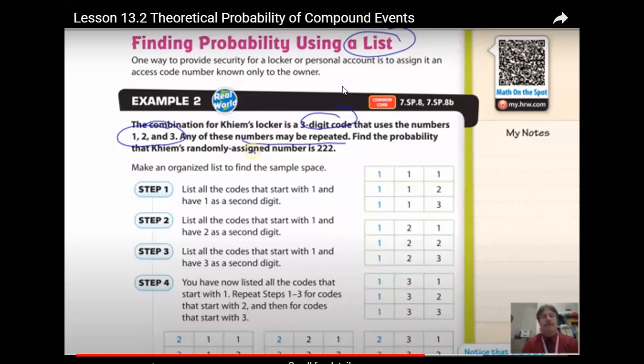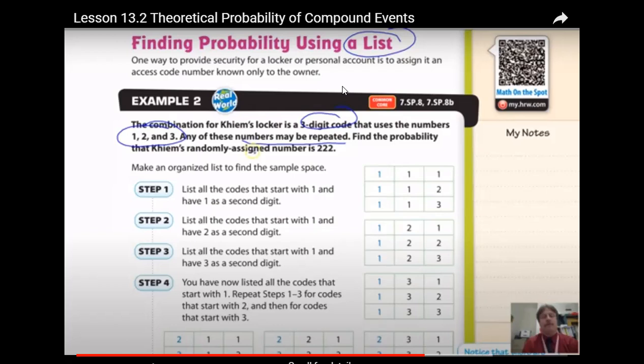One way to provide security for a locker or personal account is to assign it an access code number known only to the owner. In this question, we want to know the code.